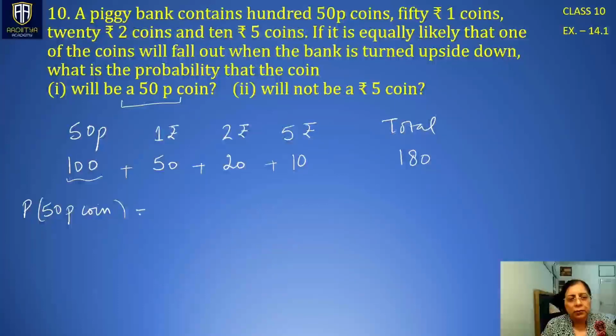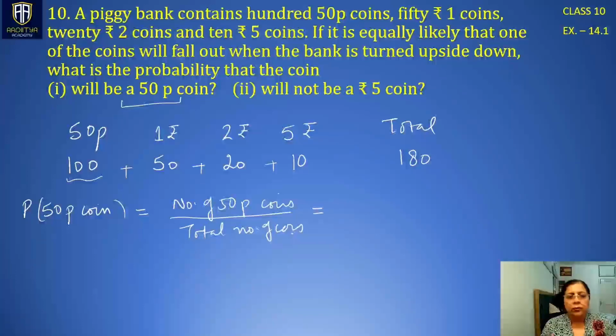We have to find the probability of 50 paisa coins. So we keep number of 50 paisa coins at the top in the numerator, and total number of coins in the denominator, right? So the chances of falling off a 50 paisa coin is 100 divided by 180.